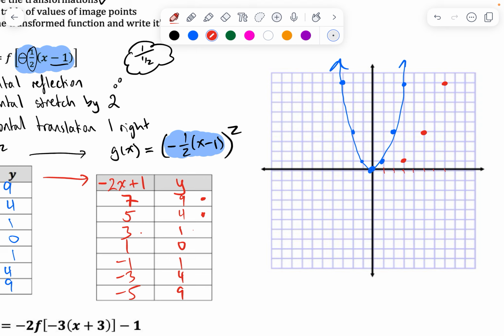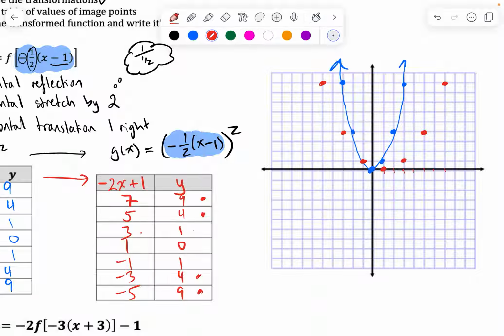Okay, (1, 0), (1, 0) is (1, 0). (-1, 1) is (-1, 1). (-3, 4) is (-3, 4). And then (-5, 9) is -5 up at 9.